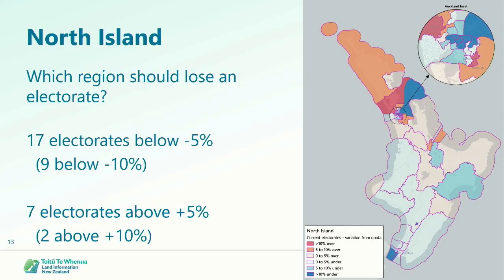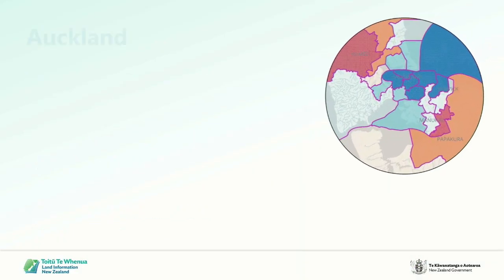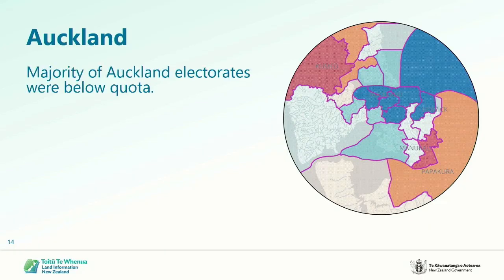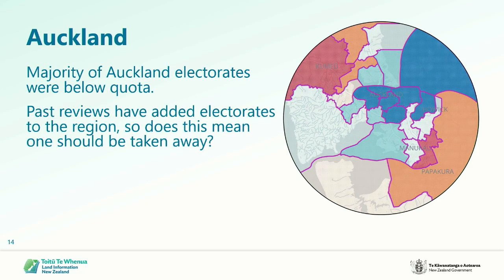17 electorates below, but only 7 above the plus or minus 5% threshold. Initially, our thought was to take it out of the Wellington, Auckland Central area, because that's sort of traditionally where we've always added an electorate in. And there's this big clump of electorates there that are all below tolerance.